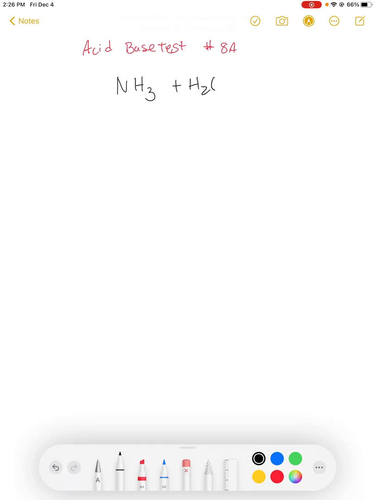So if we put it in water, you can't have an acid or base without water. And so if this is the base, then that makes this the acid. And the conjugate then is a conjugate acid of that, which would have another hydrogen ion, okay?